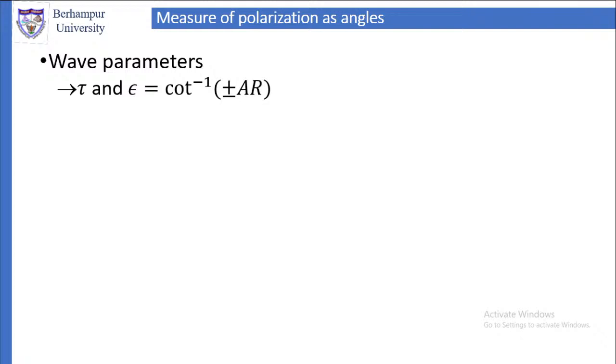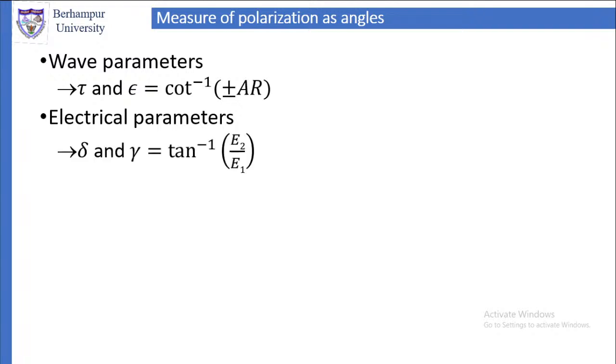So from this we get angles. Now tau is an angle, epsilon is an angle. So we have two angles to describe the wave parameters. Now let us describe the electrical parameters in terms of angles. In the electrical parameters, one angle is delta, that we know. For the other angle, let us use tan.